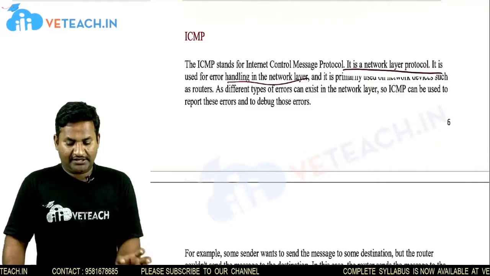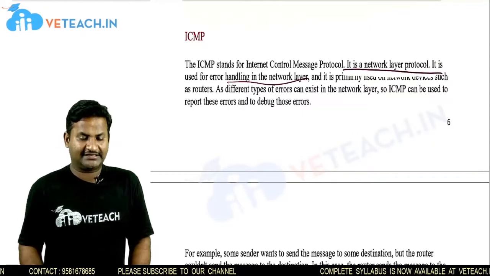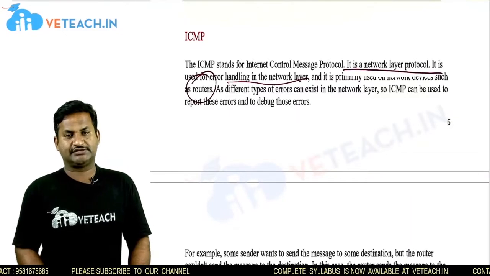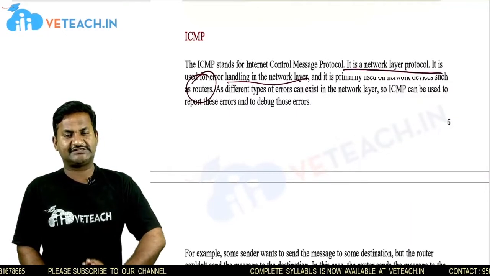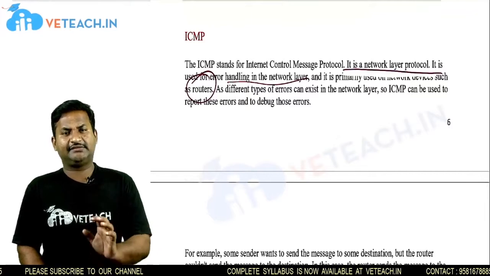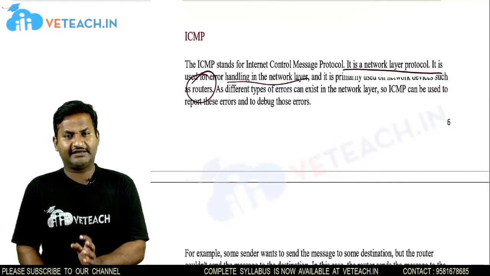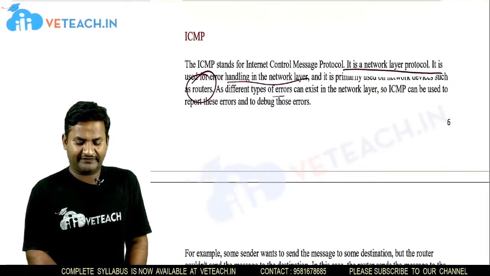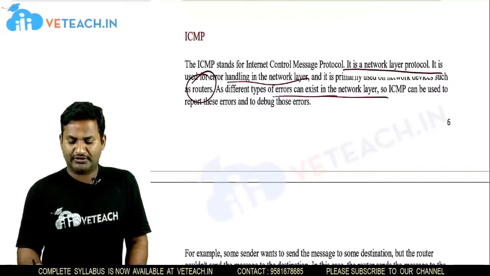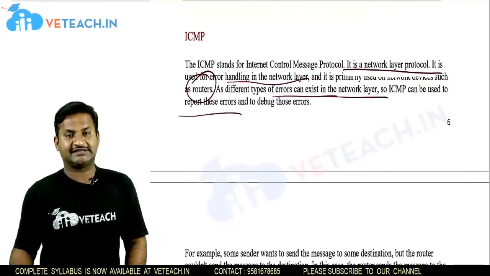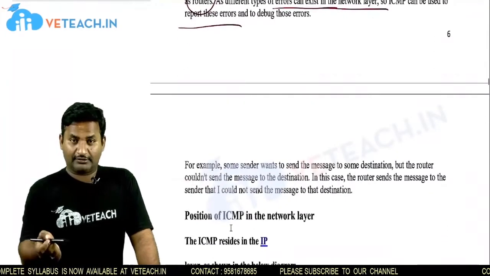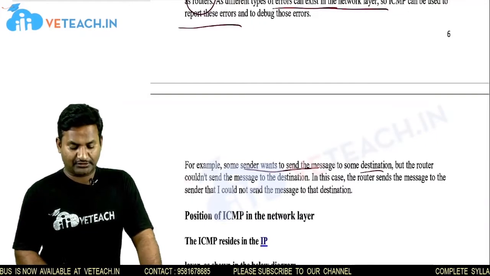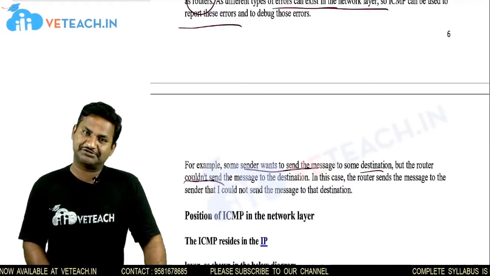The primary network devices where we can use ICMP are routers. The complete control of message transmission is handled by the router, which identifies the path for transmission. Different types of errors can exist in the network layer, and ICMP can be used to report these errors. For example, a sender wants to send a message to a destination, but the router could not send it. In this case, the router replies to the sender that it could not send the message to the destination.